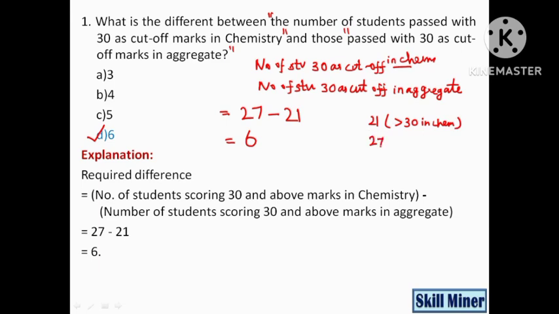There are 27 students who scored above 30 in aggregate. The difference will be 27 minus 21, which is equal to 6. So our answer is 6. Option D is the right answer. Now we can move to the next question.